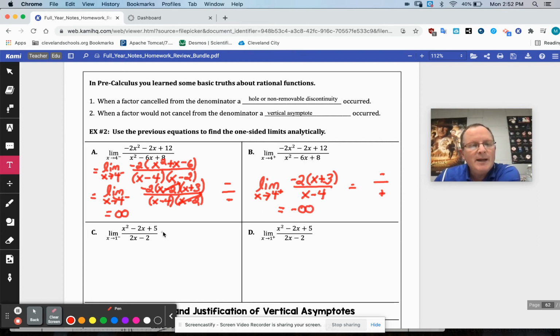Okay, and so then down here, likewise, we had the limit as x approaches 1 from the left, and a little bit of factoring. Up top, I can factor this as... I cannot factor that.